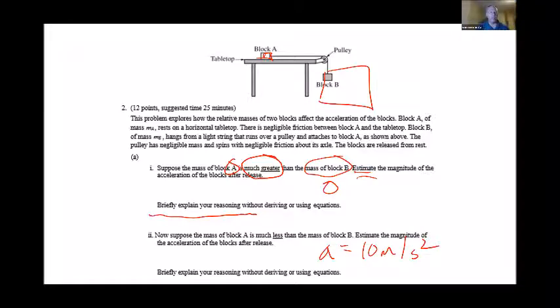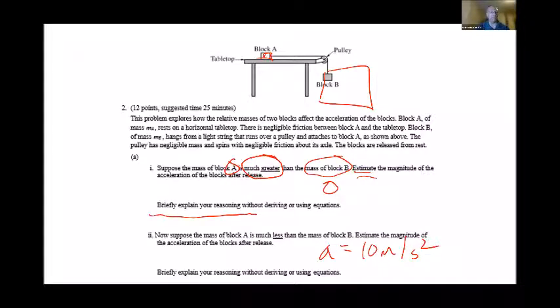And your explanation would be that B is essentially doing what? When you let B go, it's essentially in free fall because there's almost no mass on the other side. And there's no friction. So there's essentially no force holding that thing back. And that's really all it takes. Very sweet, to the point, one good sentence. I think you could get by with saying that block B is essentially in free fall because its mass is so much larger than that of A.